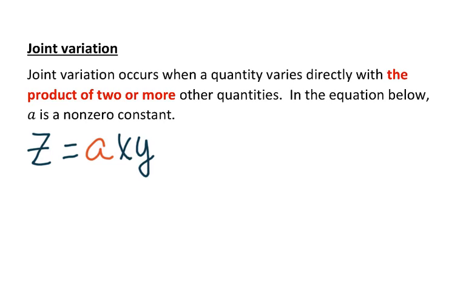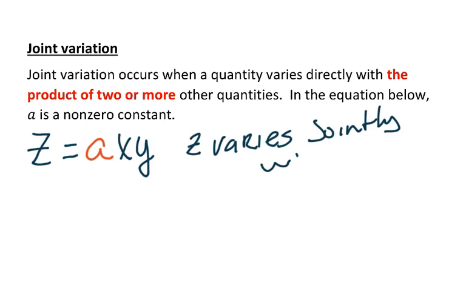This constant of variation just regulates how much z changes relative, or the relationship, to x and y. In this case, we would say that z varies jointly with x and y.